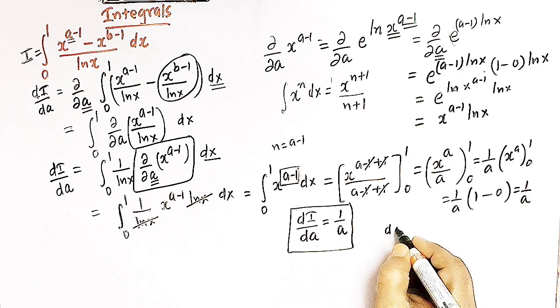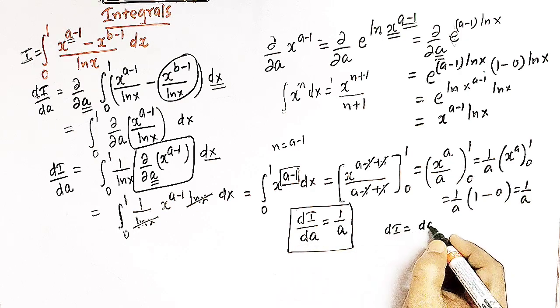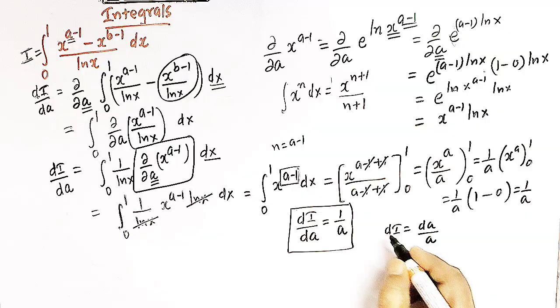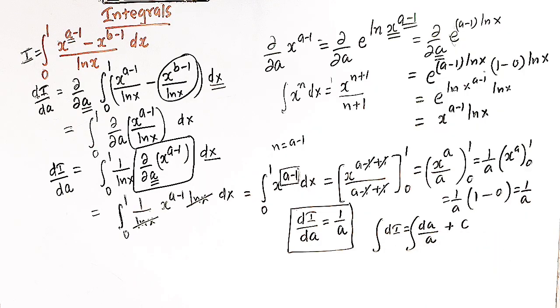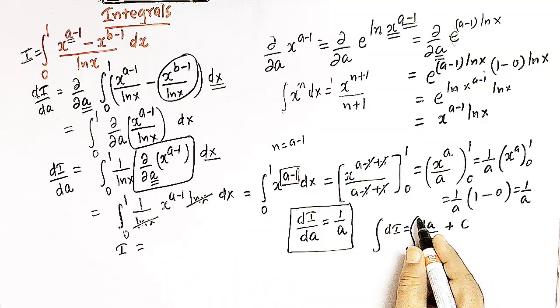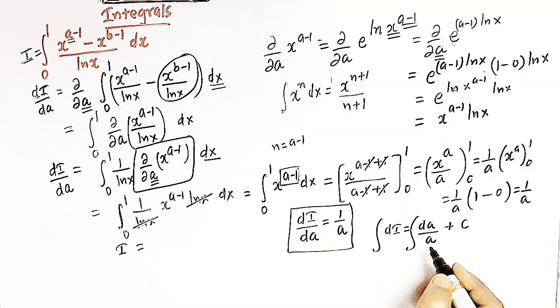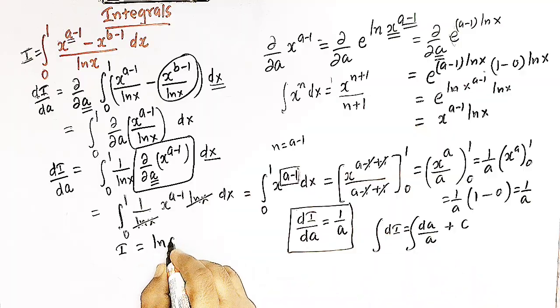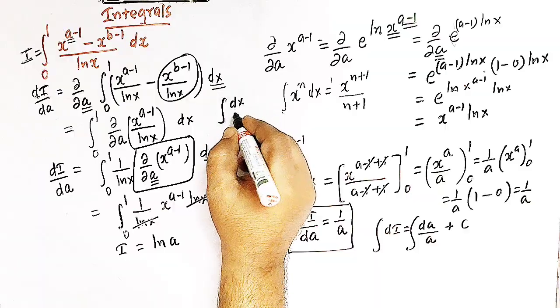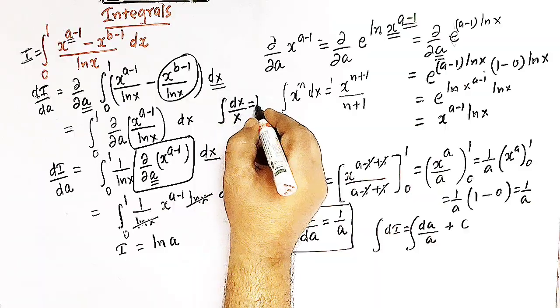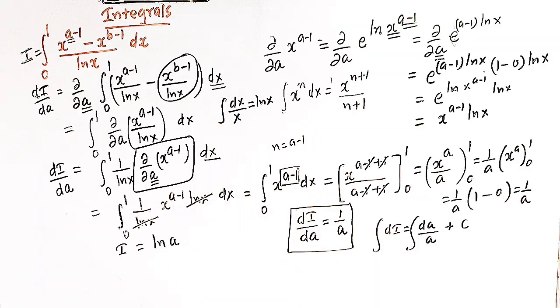So we can now write dI is equal to da over a, and now integrating both sides, and c is the constant of integration. So here we have simply I, and here we have the integral of da over a is natural log of a, because we know that the integral of dx over x is natural log of x, right?